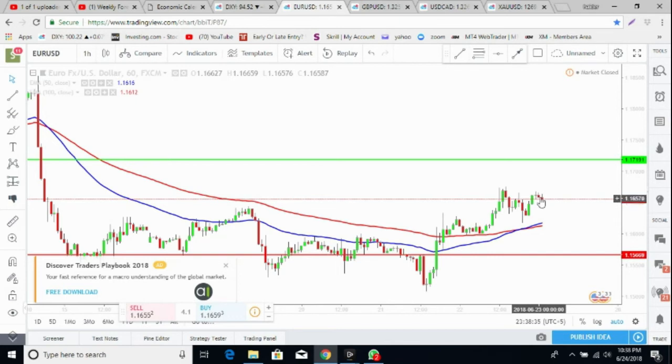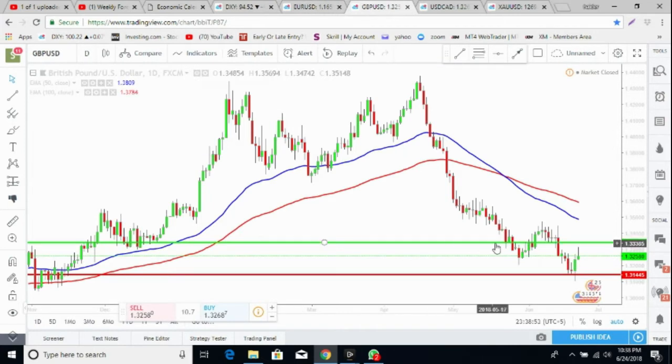Just be careful if you are taking a buy trade. Your stop loss should be below the 50 and 100 moving average, 10 pips below that level, around 1.1604.